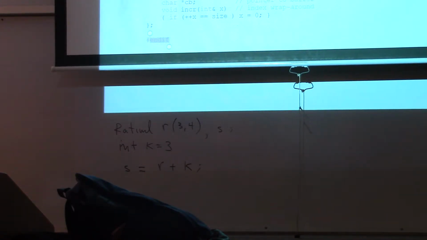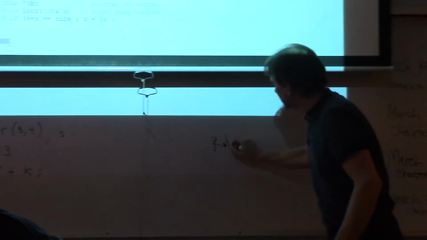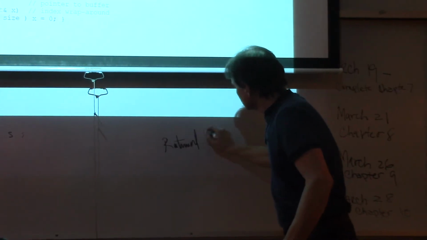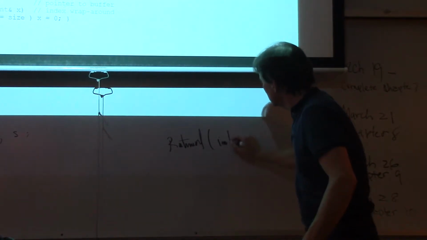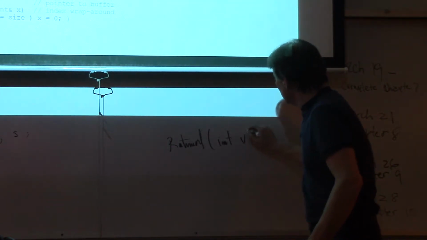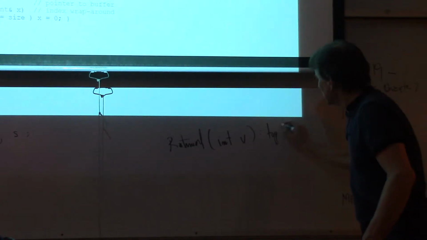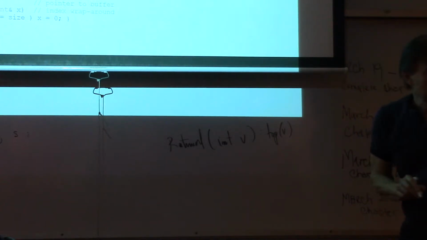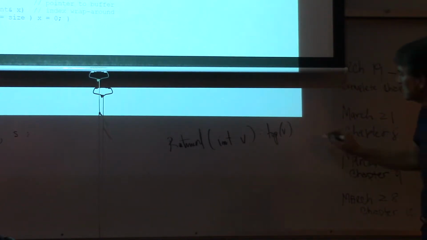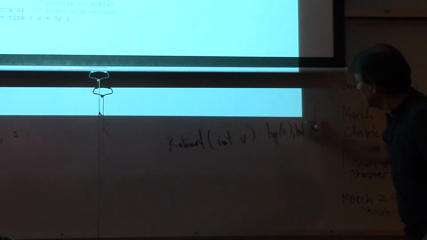And how could it work? Well, suppose I had a constructor in the rational class that looked like this. Rational, and I'm going to have here int, let's say v for value, and then I'm going to have top v. You understand what I'm doing here, right? Remember, initializing it, comma, bottom 1.